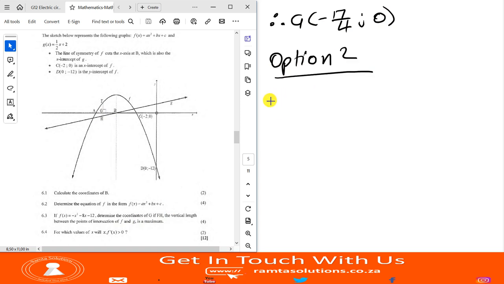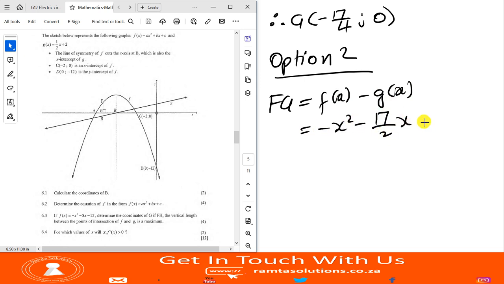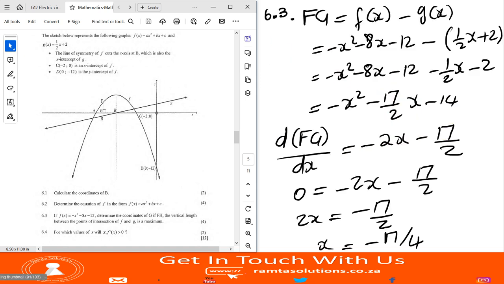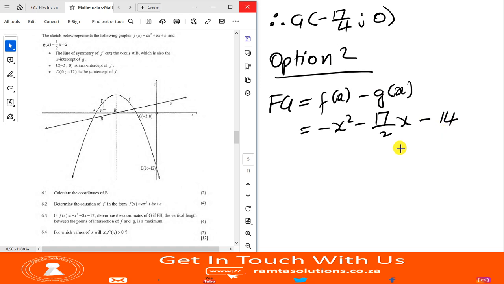Let's see. We said FG was f of x minus g of x, which gave us negative x squared minus 17 over 2x minus, I think we said 14. Minus 14, right? Okay? So when we complete the square here, we take out the negative.